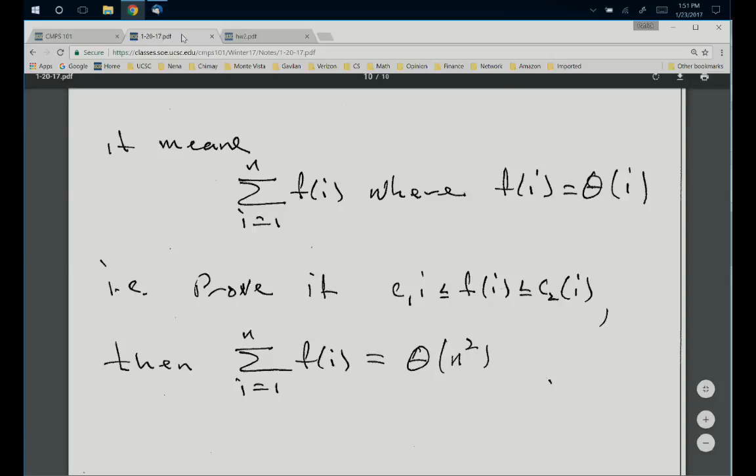As before, two differences, a minor difference, strict versus weak, a major difference, universal versus existential quantifier. But this allows us to see directly that little omega has to be a subset of big omega. Obviously, little omega g of n is a subset of big omega g of n.